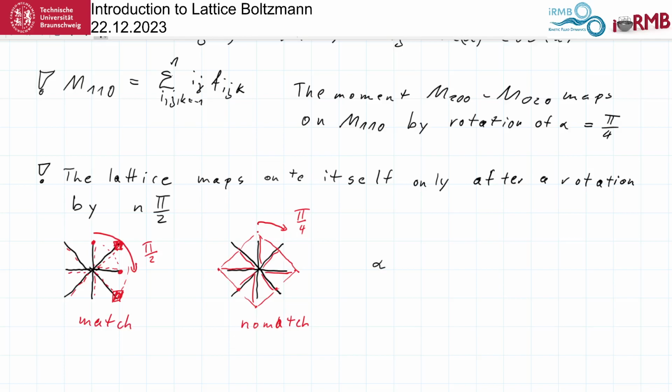So if alpha is not equal to n pi half, there is a numerical difference.